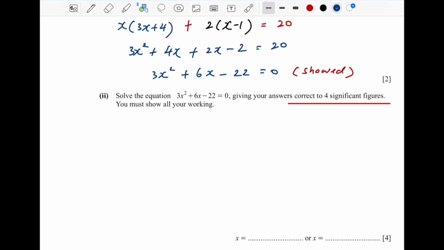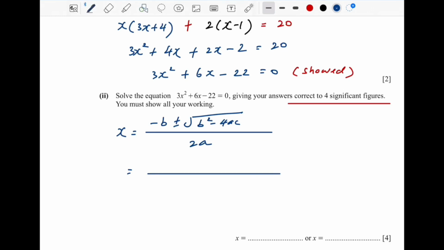I go for the quadratic formula. You must know your ABC very well. B is the coefficient of x, A is the coefficient of x squared, and C is the only constant.